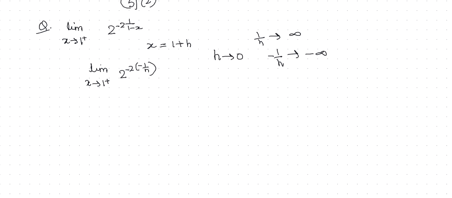So 2 raised to power minus 1 over h would tend to 0 plus.